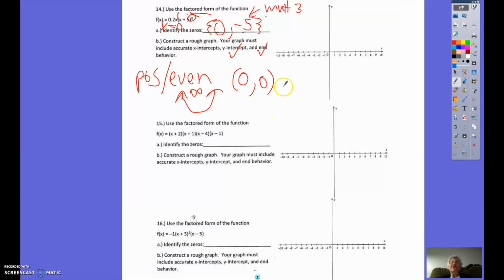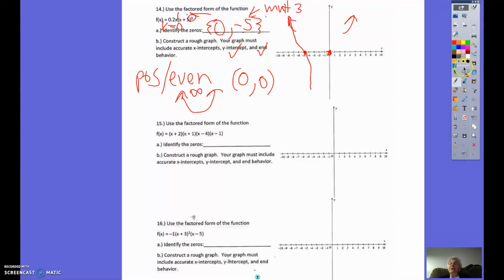So graphing this function, here is our x-intercept, also our y-intercept at (0, 0). Our other intercept is going to be at x equals negative 5. The end behavior tells me at the very end it's going to be up and up.